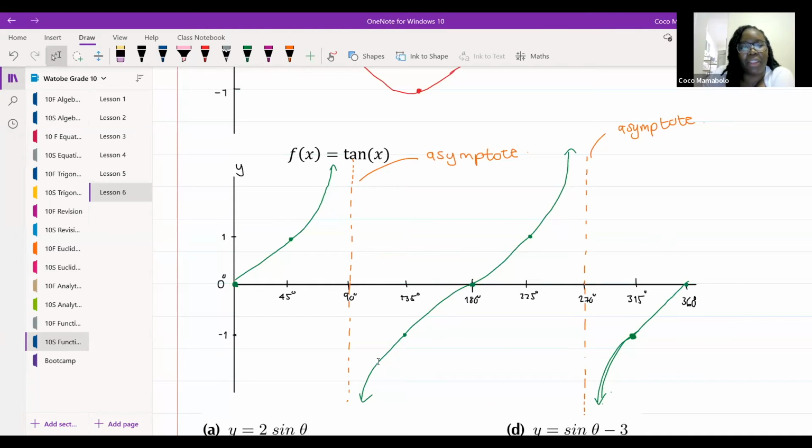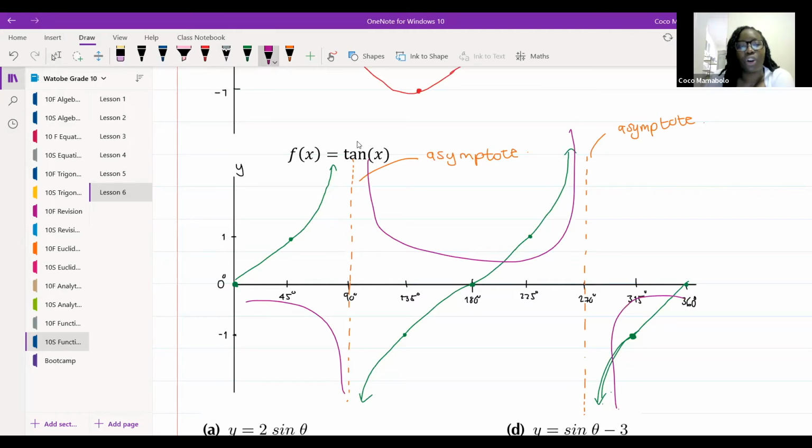Apiwe says, ma'am, are there graphs for the ratio reciprocals? I like that teacher now said no. The correct answer is actually yes, but I don't even touch them in high school. We do them in university because they look weird, guys. So the graph of cot looks something like this.